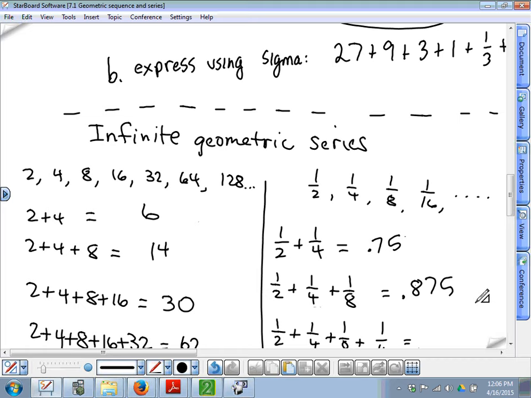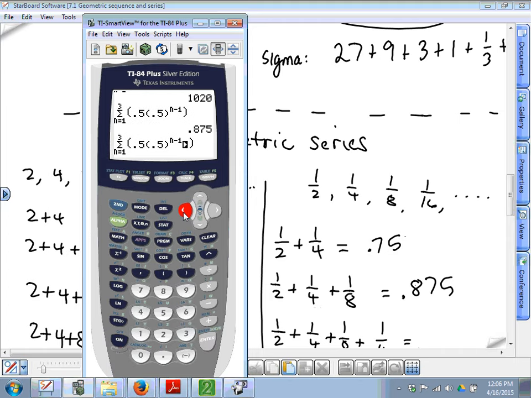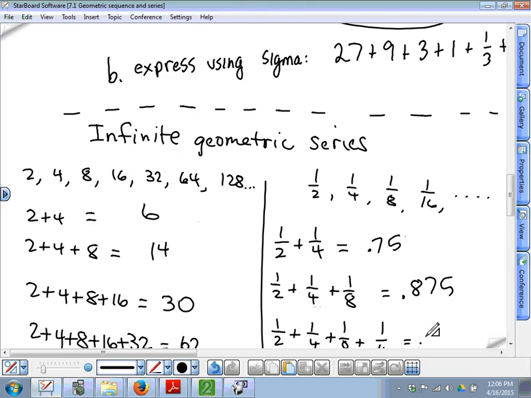What do you think is going to happen if I add another number? It's going to get bigger, but is it growing at the same rate as the one over here? So check out what the sum is here. If I add 4 terms rather than 3 terms, I get 0.9375.